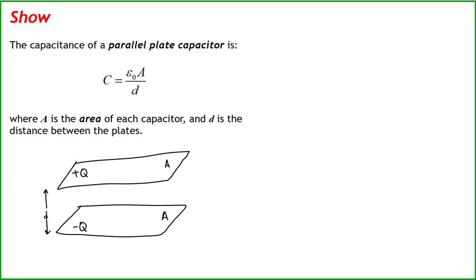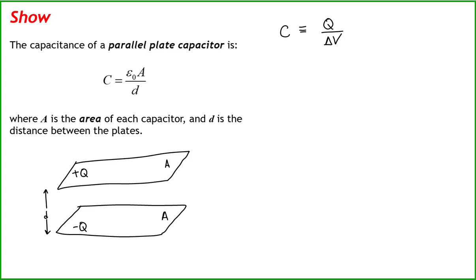Our goal is to figure out the ability of this parallel plate capacitor to store charge, and the measure of that ability we call capacitance. So to do that, let's start with the definition of capacitance. Capacitance is defined as the ratio of charge per unit potential difference.